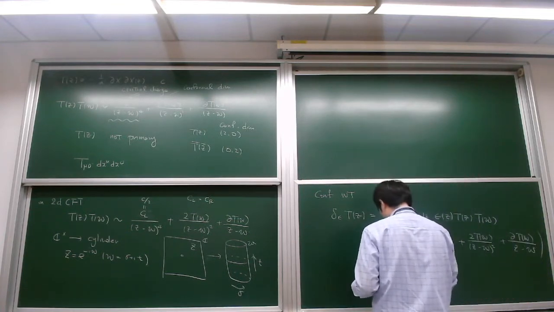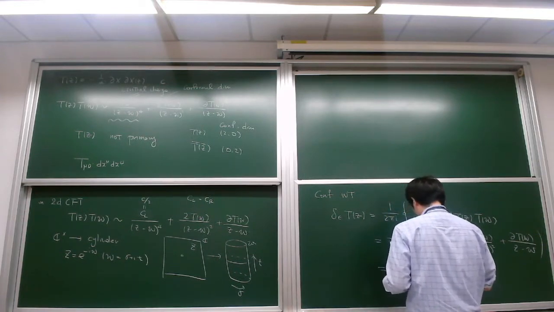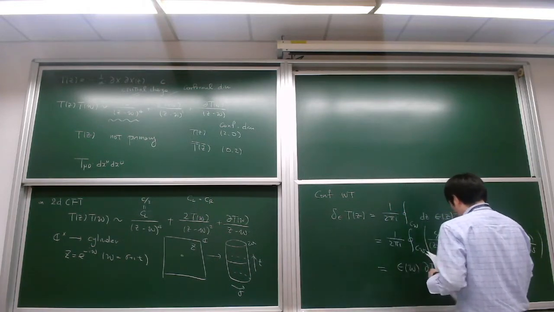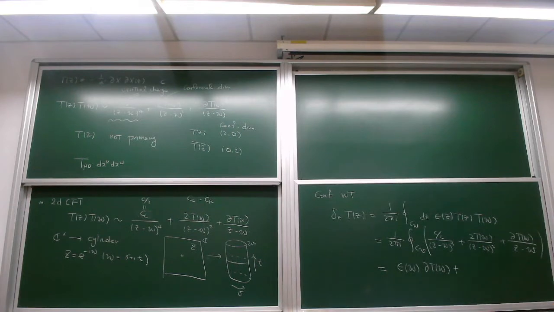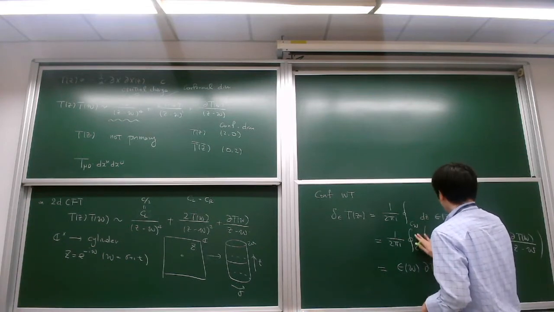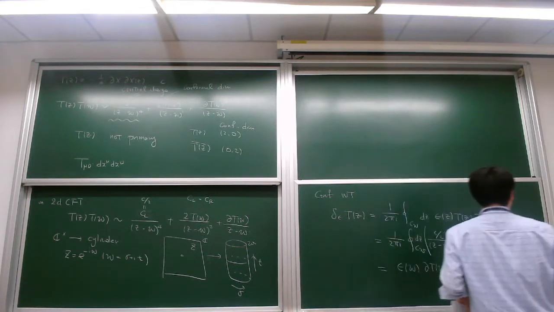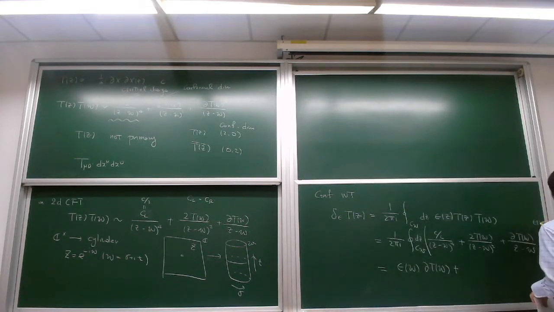Okay, anyway, so ∂_w T(w), and then this term really comes from here, and I think I should put ∂_z. Sorry, I omitted many things. So dz, and here I multiply by ∂ of c.